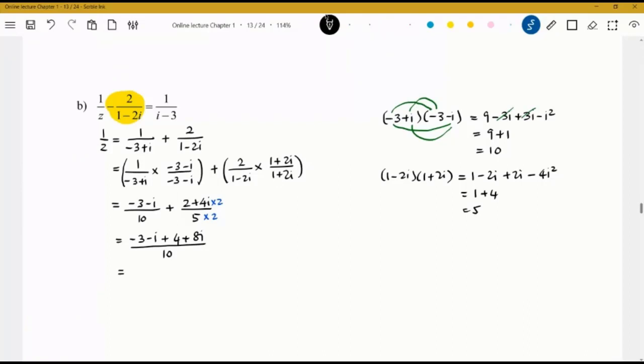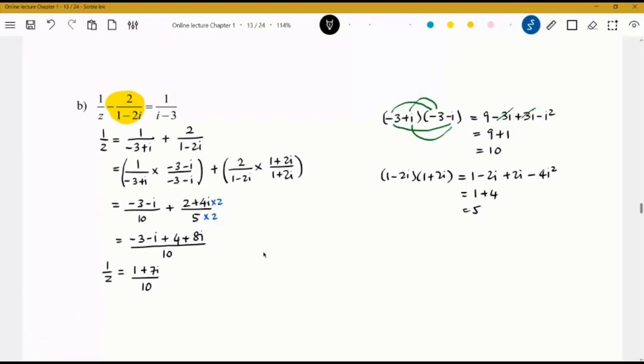Okay, so we combine the I and I, the real part and the real part. So end up here will be 1. 8 minus 1 will be 7I divided by 10. So the subject is 1 over Z. Okay, but that's not the final answer yet.